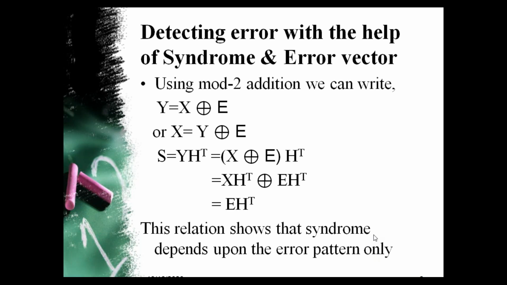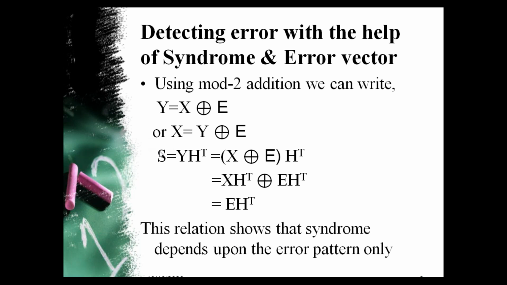Okay, the syndrome depends upon the error pattern only. That is, it is independent of the code word. If we take any code word, the syndrome vector depends only on the error pattern, that is, the bit position in which the error occurred.